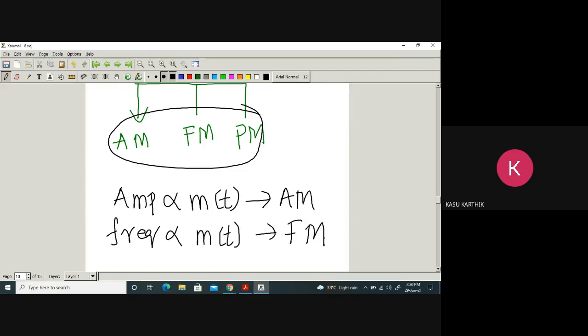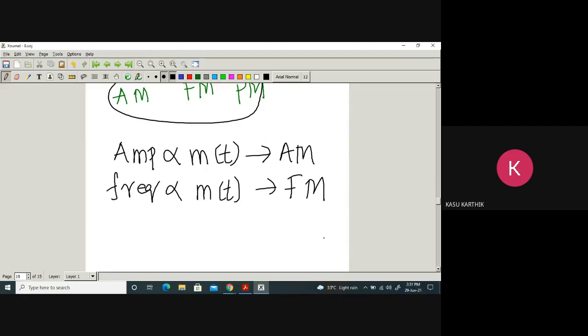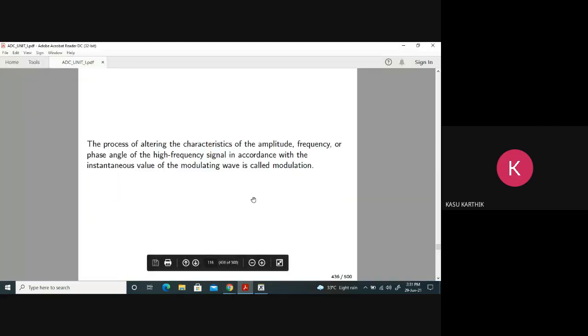In PM also, the phase is varied. So this is the basic definition of modulation. The process of altering the characteristics of the amplitude, frequency or phase angle of the high frequency signal in accordance with the instantaneous values of the modulating wave is called modulation. Modulation means changing the characteristics of the carrier such as amplitude, frequency, phase according to the message signal.